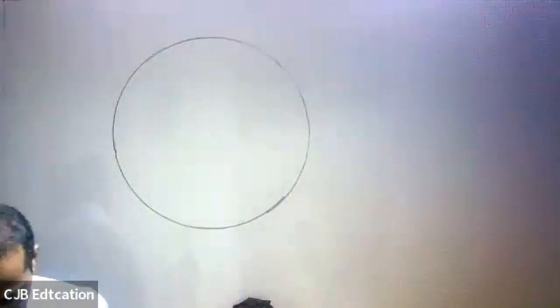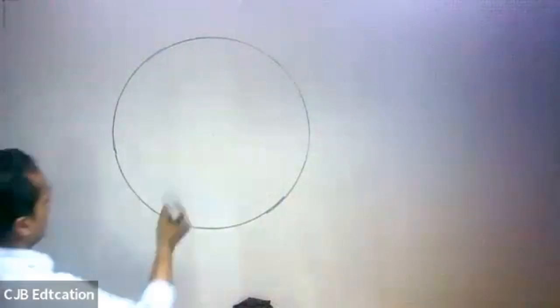This is the circle, and we can name its center as point O, according to the given information.